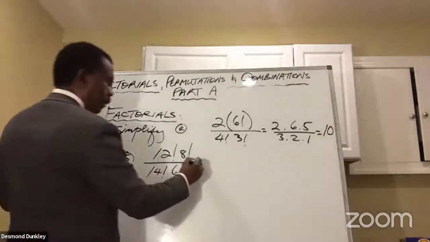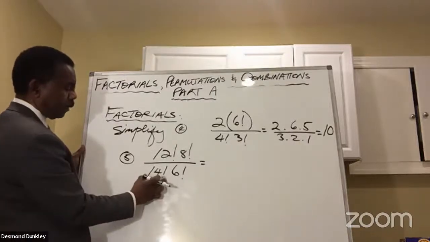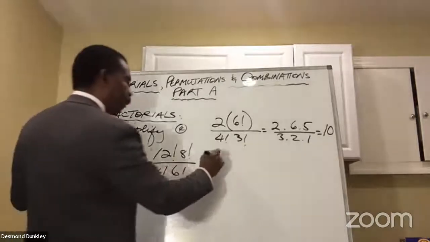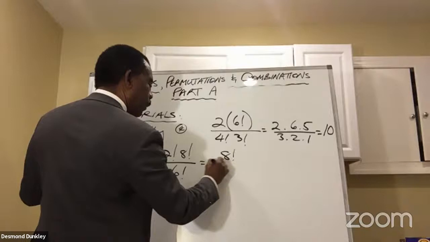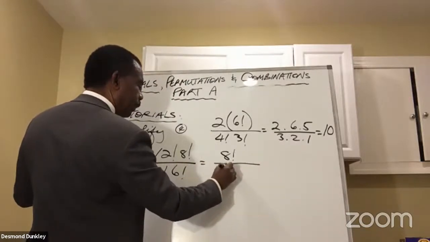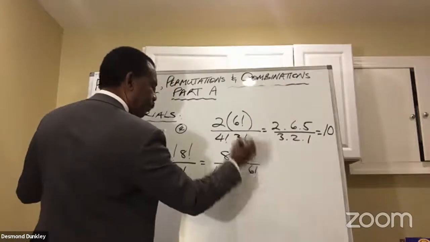Well, 12 factorial and 14 factorial. So the 12 cancels the last 12 here. So we end up with 8 factorial over 14 times 13 times 6 factorial.